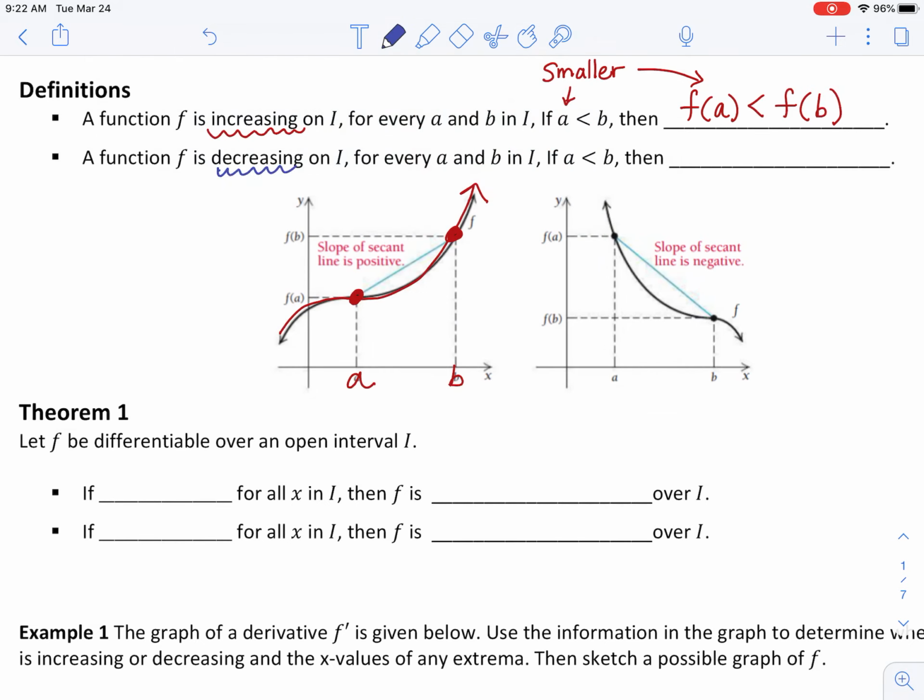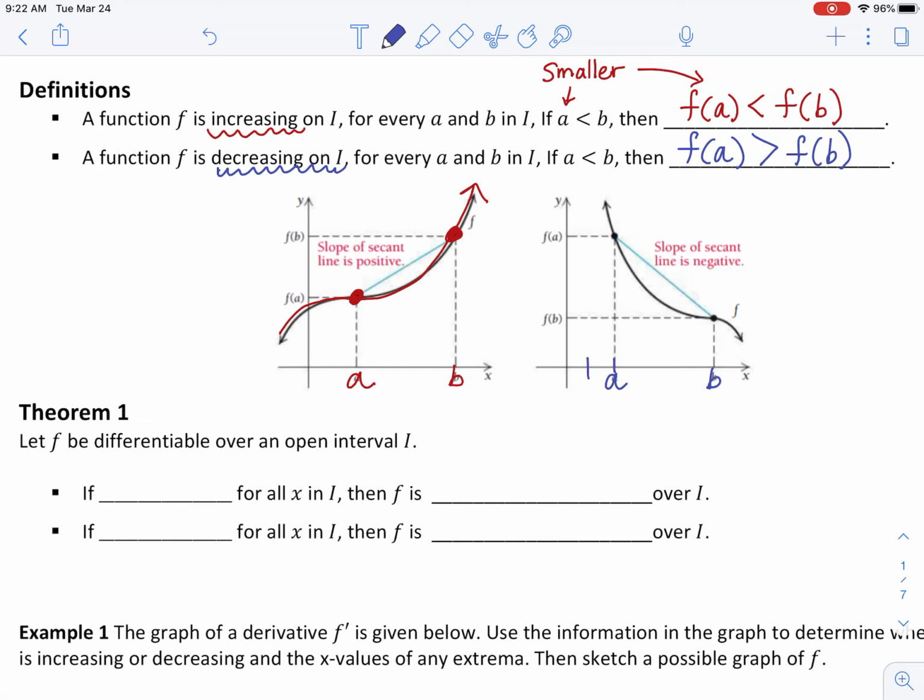All right, how about decreasing? We say f is decreasing on I if for every a and b in I, if a is less than b, then f of a is greater than f of b. So what this is saying is a smaller input is going to give you a bigger output. In this picture, you see how a is smaller than b.